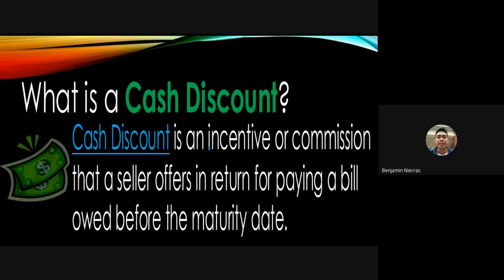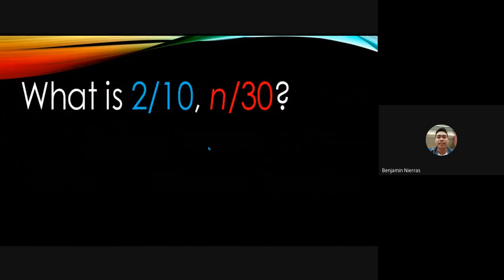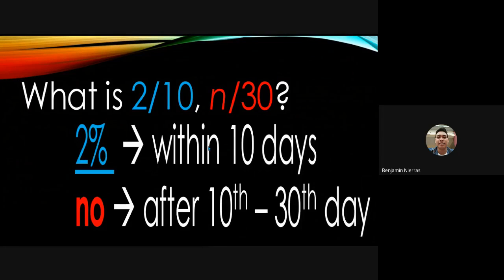So, usually, ang term ng cash discount ay 2/10, n/30. So, what is 2/10, n/30? So, 2% within 10 days. And n/30 is simply no discount after 10 days, from the 10th day until 30th day maturity day.